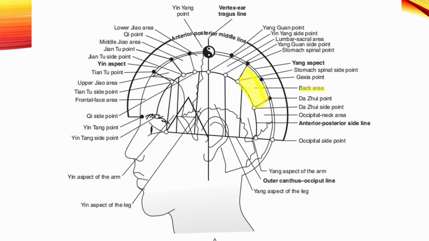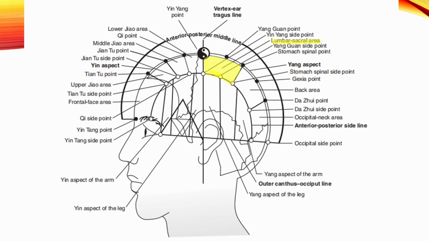Back area. The back area is the zone enclosed by the Da-Zui point, the Da-Zui side point, the stomach spinal point, the stomach spinal side point, and their connecting lines. This zone is indicated to treat thoracic vertebra 1 through 12.